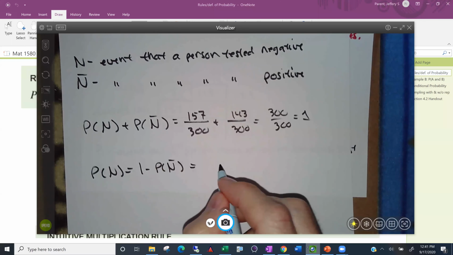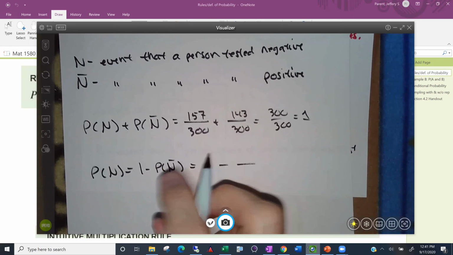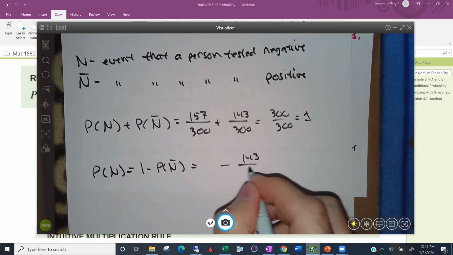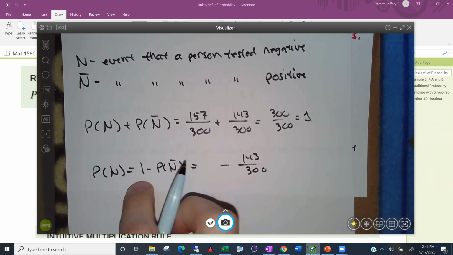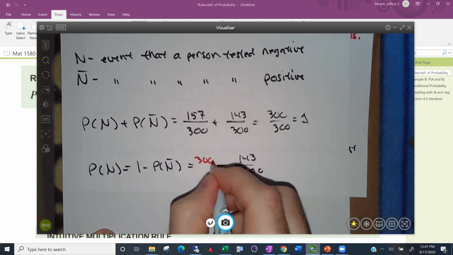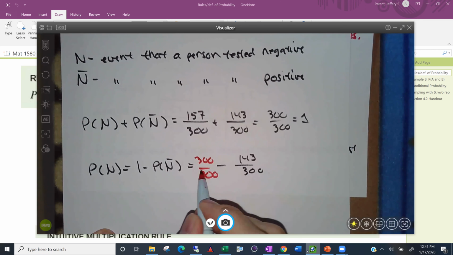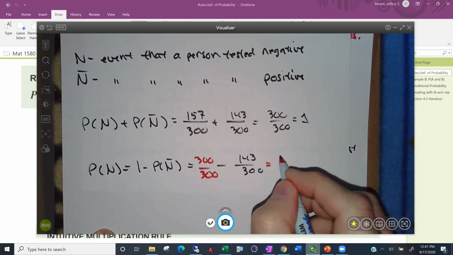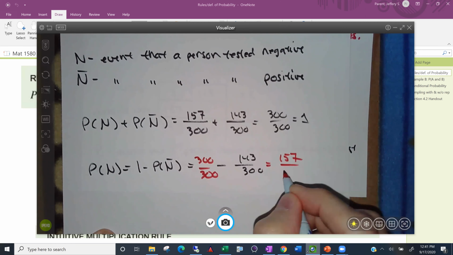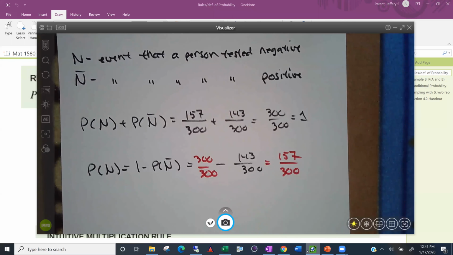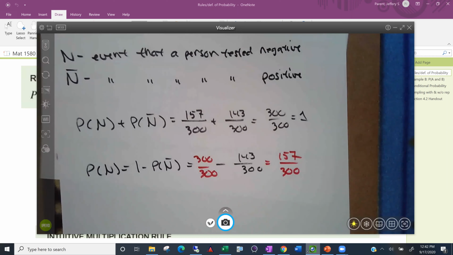The probability of a positive result was 143 over 300. Instead of writing a 1 here, I'm going to write 300 over 300. That way I can subtract them. And when I do that, I end up with 157 over 300. Yay. So that's the probability of a negative result.